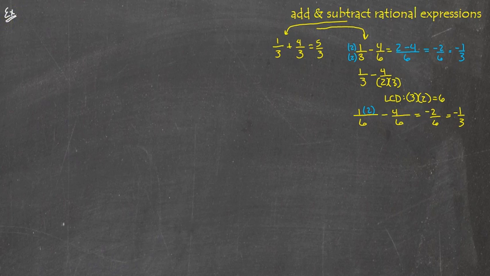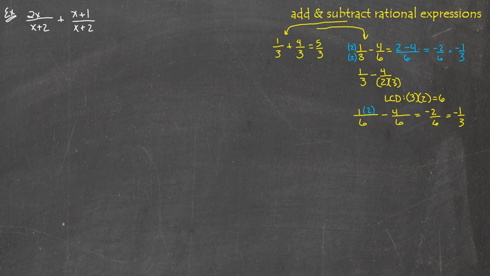If I have like denominators, for example, a rational expression 2x over x plus 2, and I want to add to that x plus 1 over x plus 2. What do I want to do?